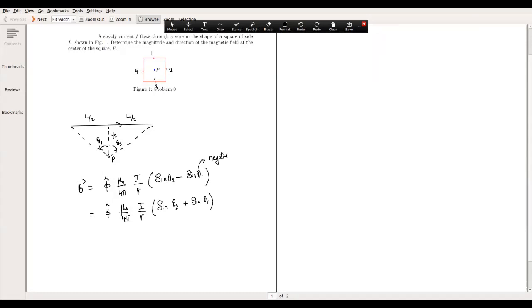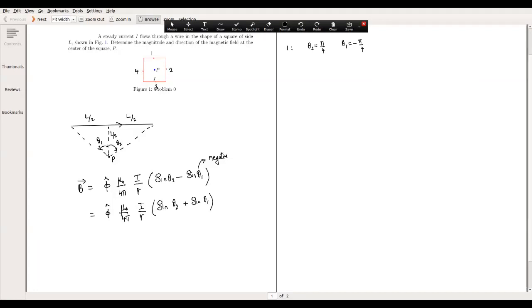I've taken care of the fact that theta 1 is to the left in this formula. In our case, for B1, so for segment 1, theta 2 is pi by 4, which is 45 degrees, and theta 1 is equal to minus pi by 4.